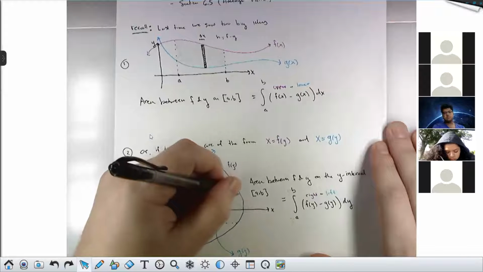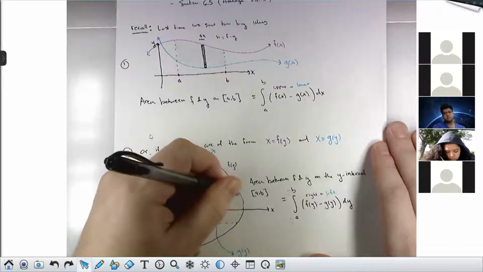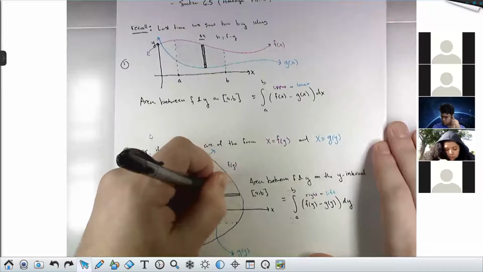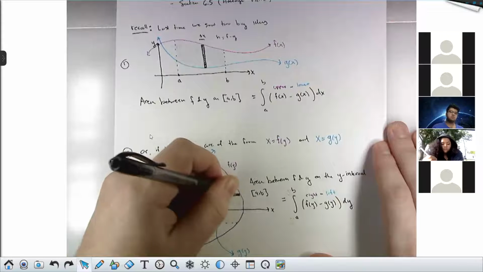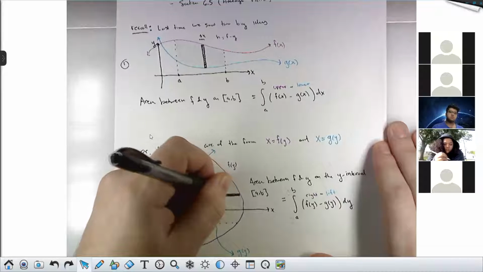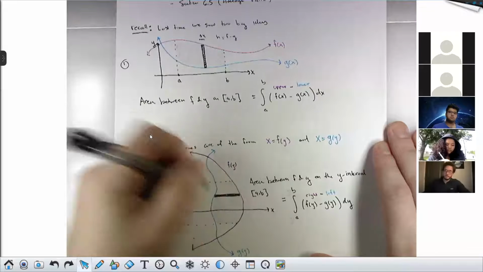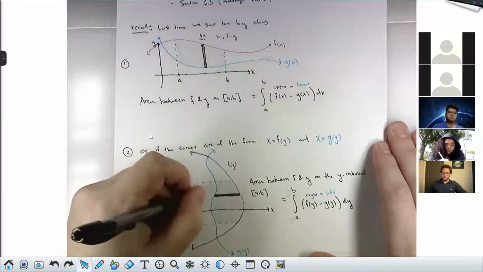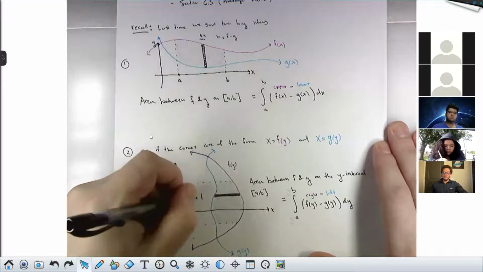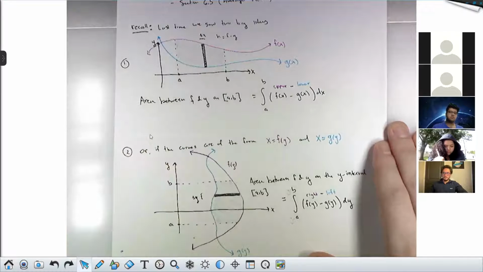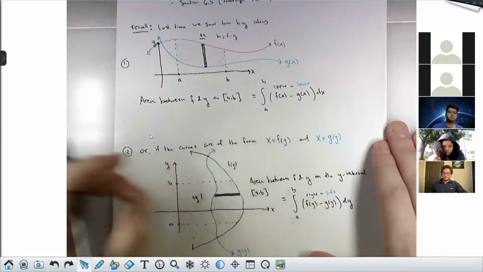In the other picture, the reason that formula looks the way it does is because your integral is really adding up infinitely many teeny tiny rectangles that look like this. The width here is delta y, a little vertical thickness.